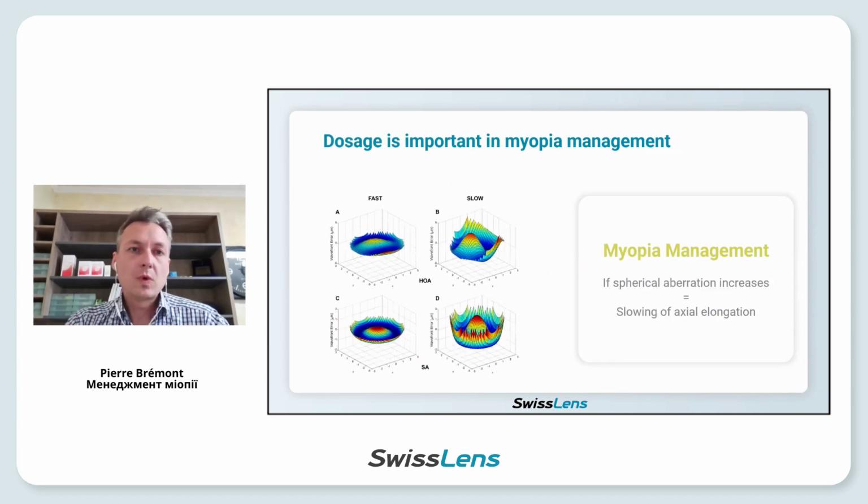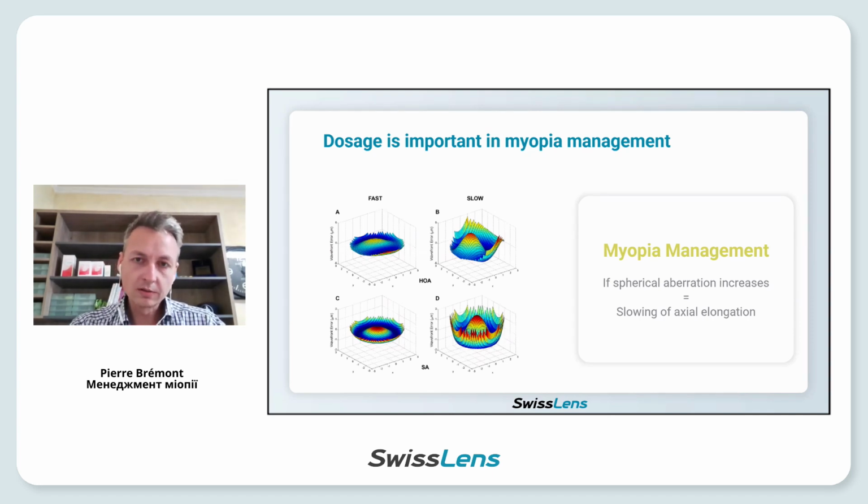So why is it important to have all these options of central optical zone and defocus? It's because the dosage is important in myopia management. If you are used to drugs with atropine, we know that the dosage is really important, and it's the same with contact lenses.